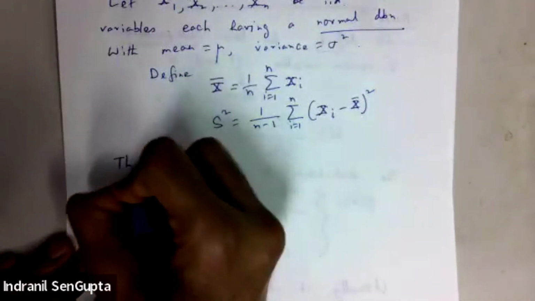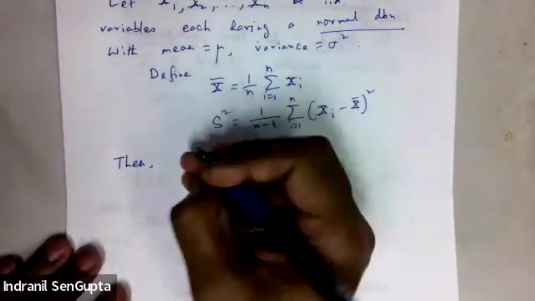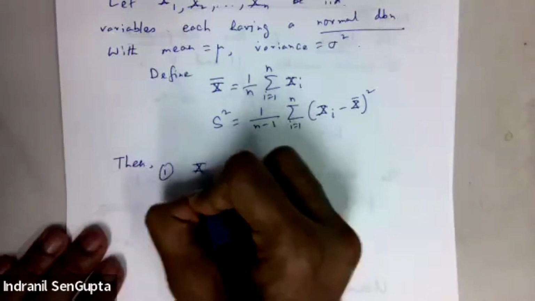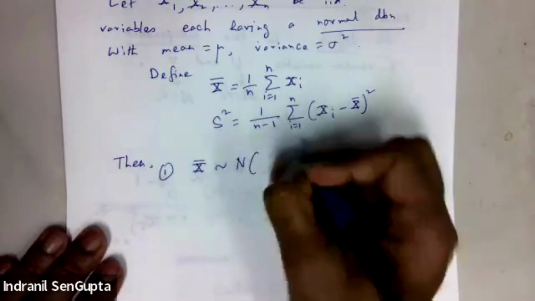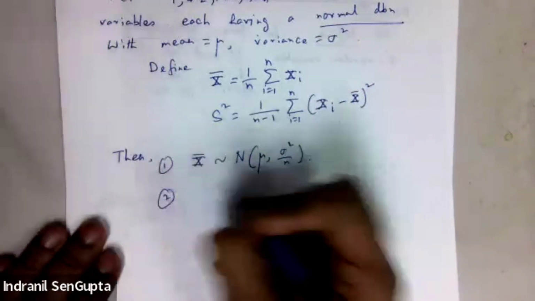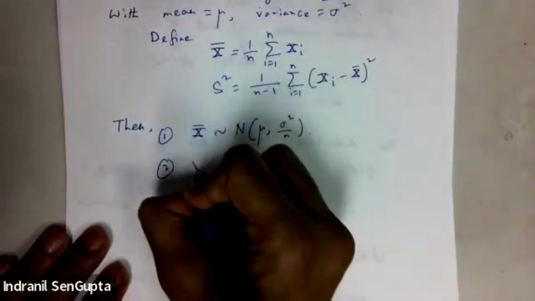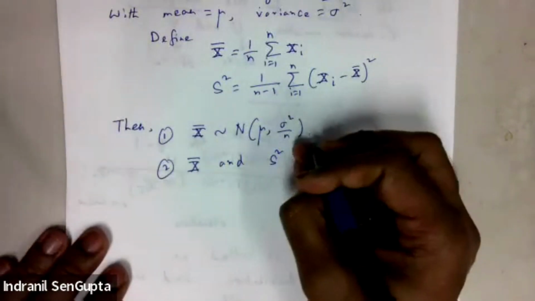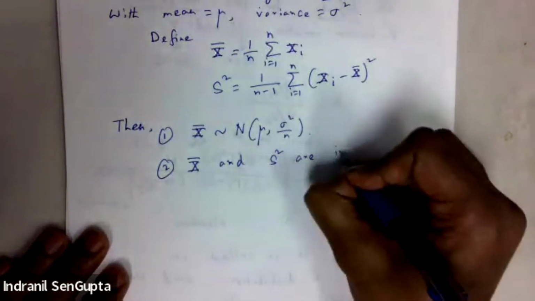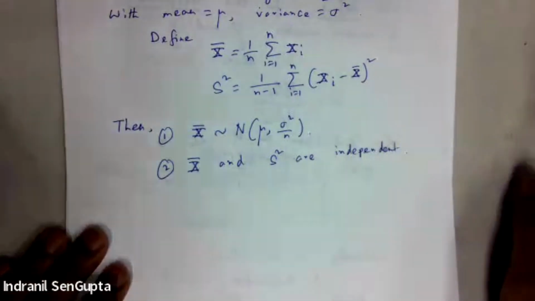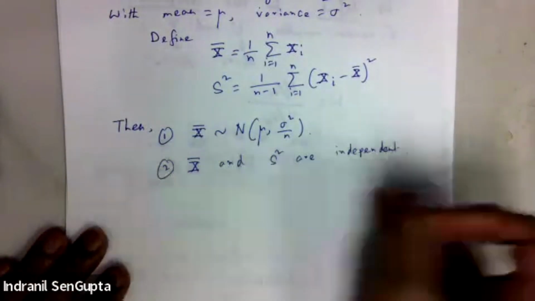Then there are 4 conclusions. Number 1 is X bar follows a normal distribution with mean mu and variance sigma squared over n. It's easy to prove. Number 2 is X bar and S squared are independent. We'll be using this fact today.